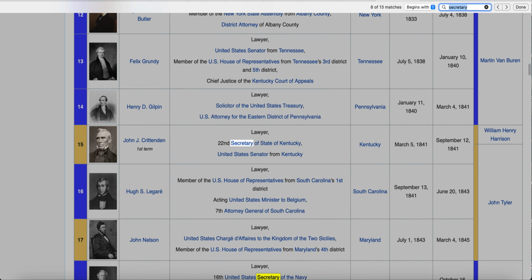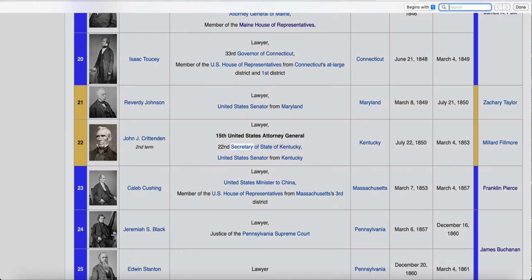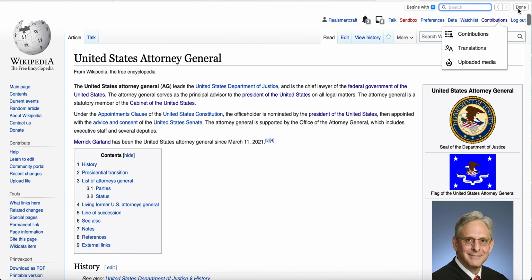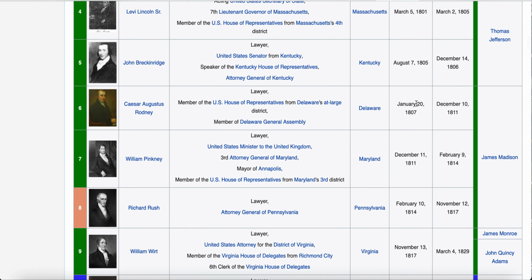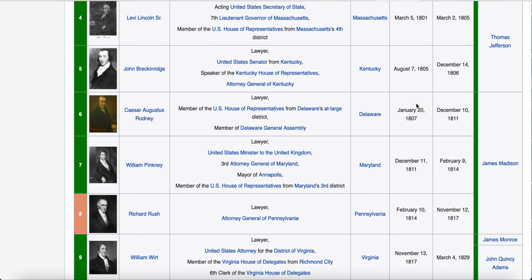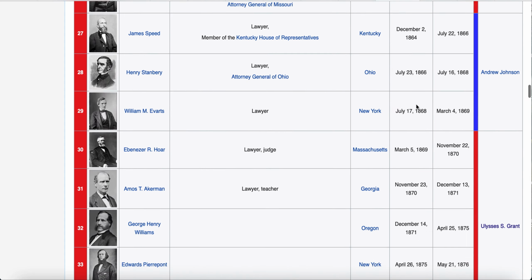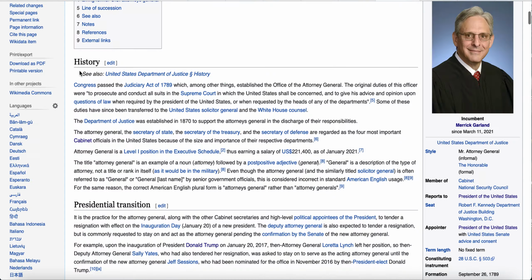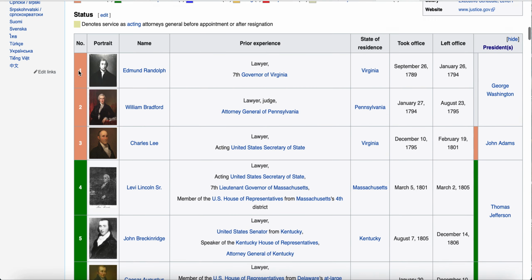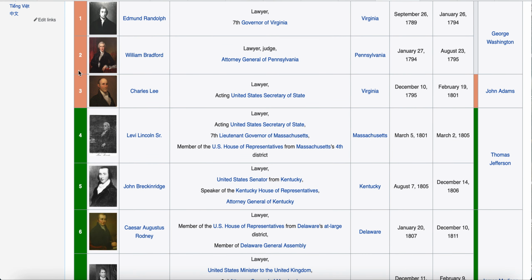They used to be called something different, but nowadays it's called the Attorney General, just because the people in this position started to make the Department of Justice sound special and fancy, so that's why we use the AG name instead of, I believe, the Secretary of War, but I'm not quite sure. Nonetheless, the AG position is used today.